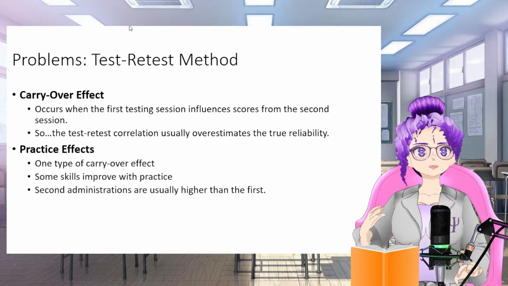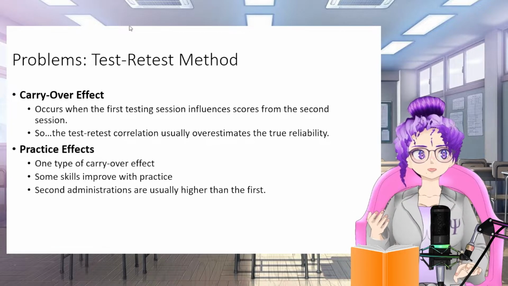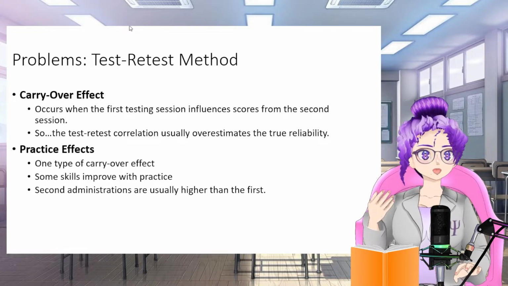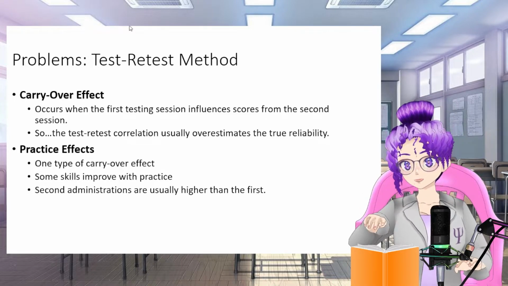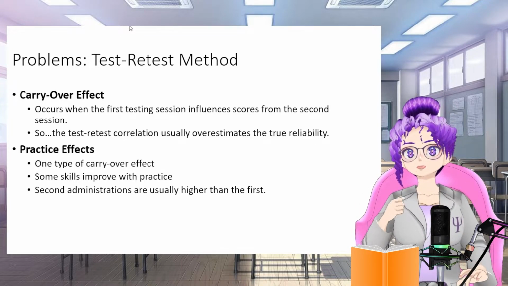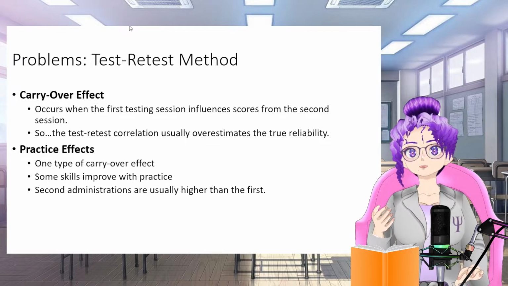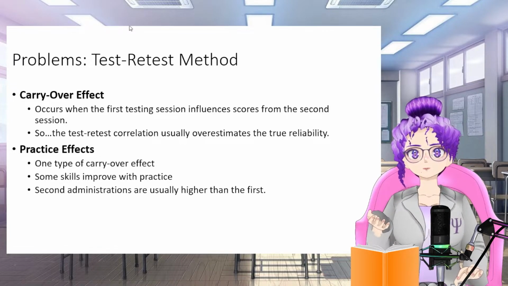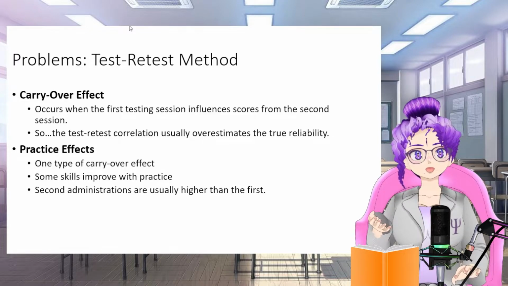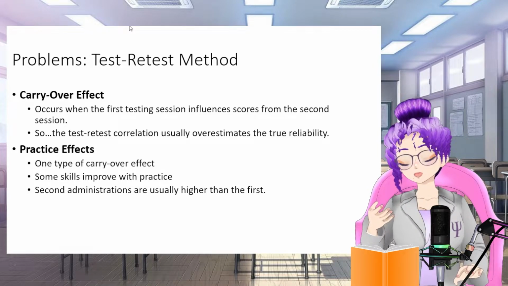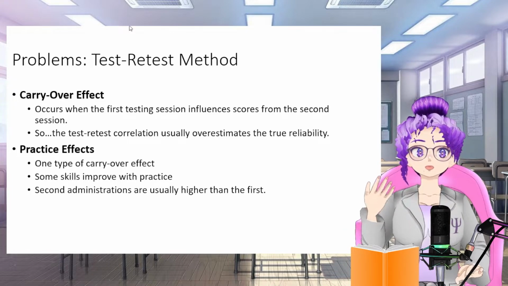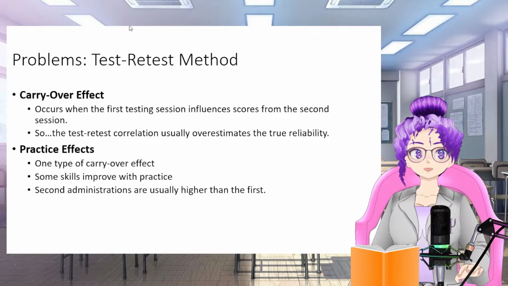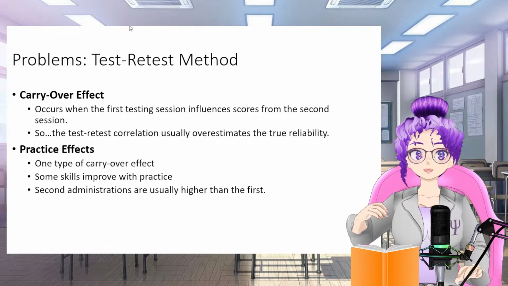Carryover effects usually happen when, for example, I administer your midterm exam and you didn't pass. The next year, you take the same midterm exam again. But of course, you already studied the material, so you carried over what you learned from the previous one to the next administration of the test.